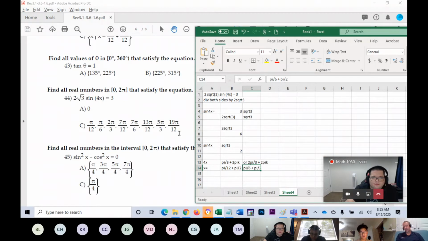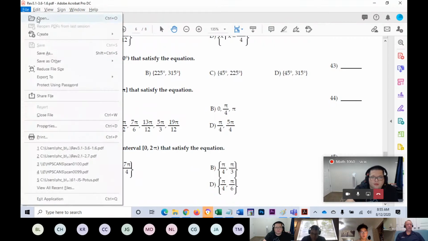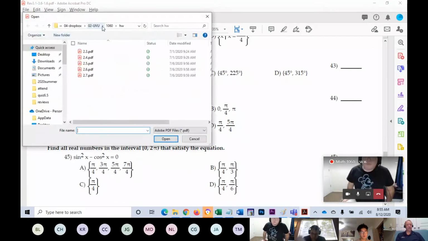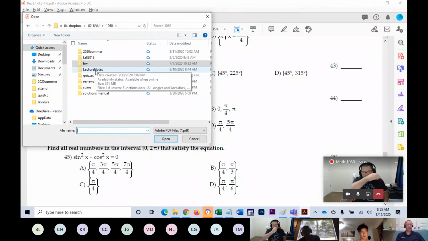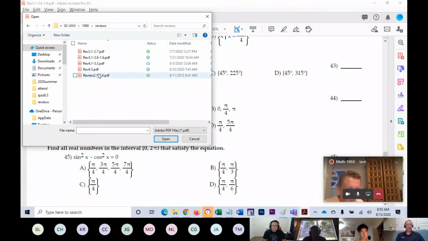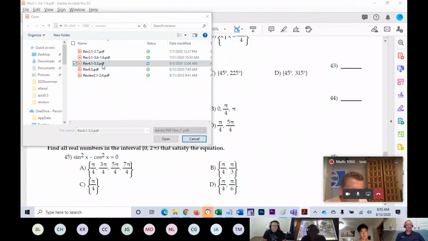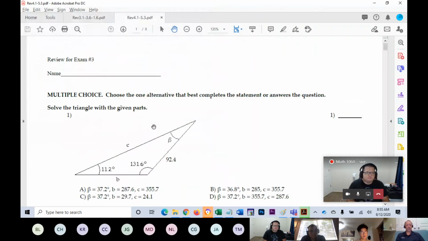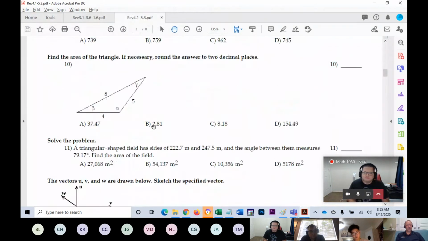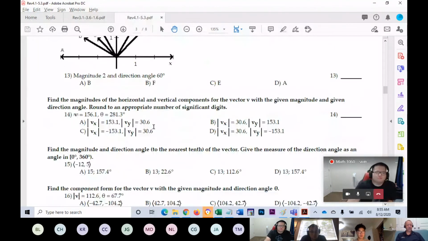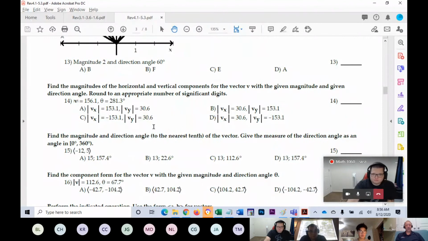Let's do number 14 on review 3. Review 3? Yeah. Number 14. Find the magnitude of the horizontal and vertical components for the vector v with the given magnitude and given direction angle.